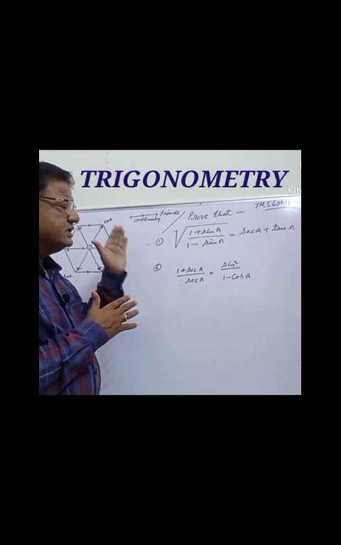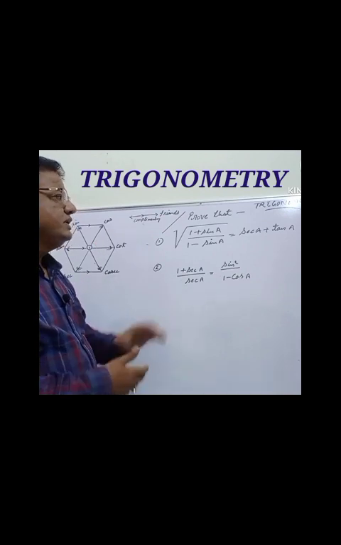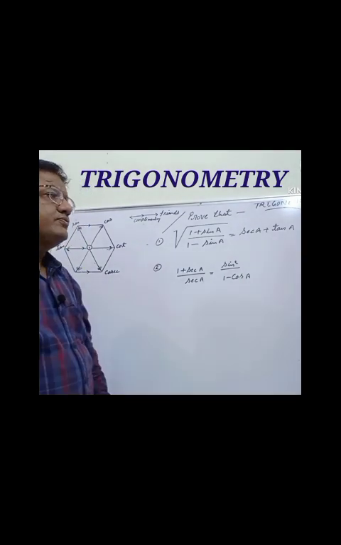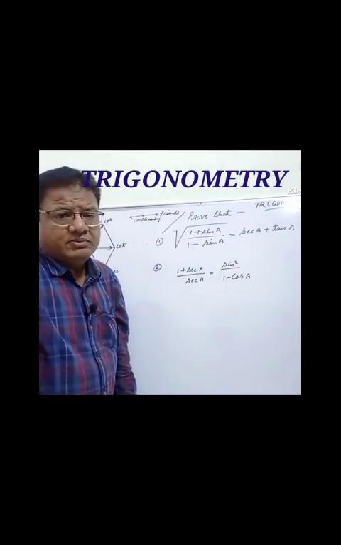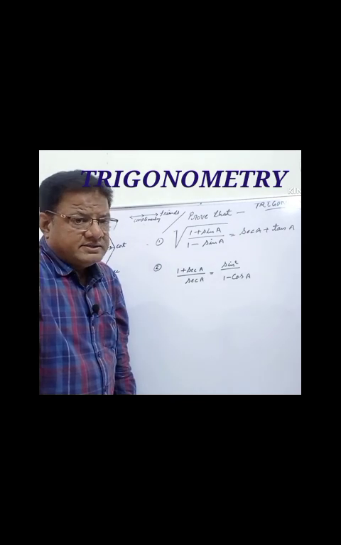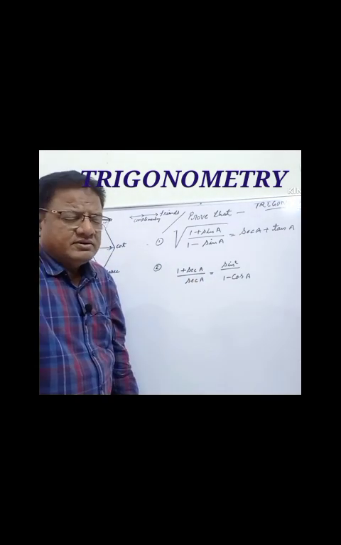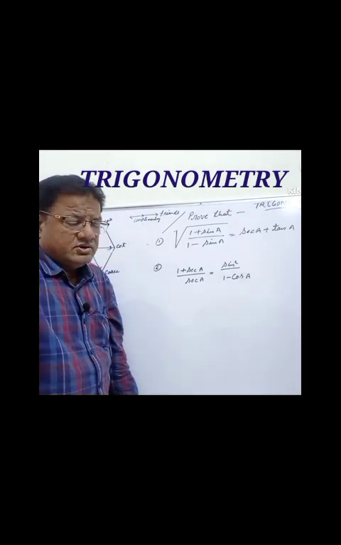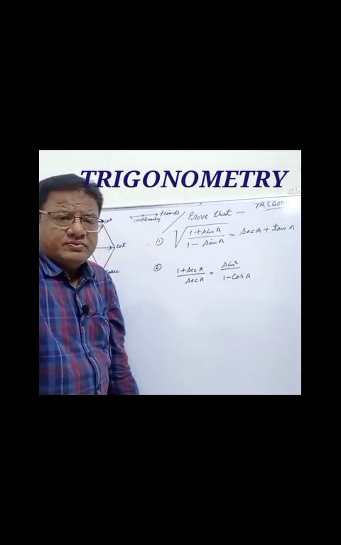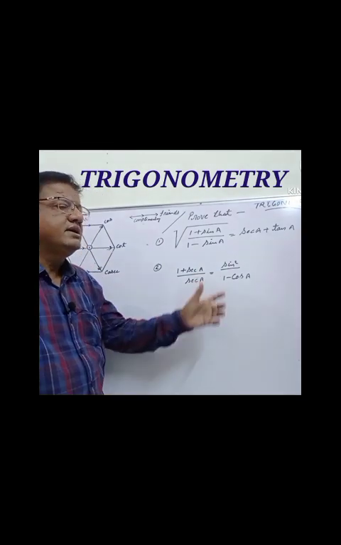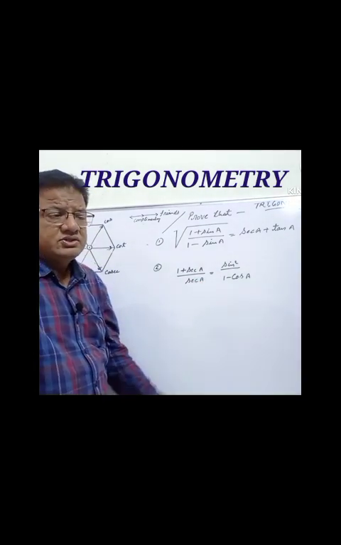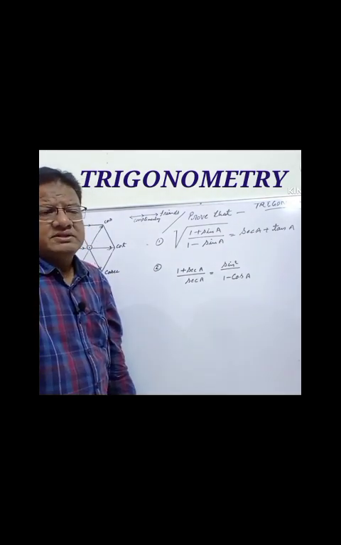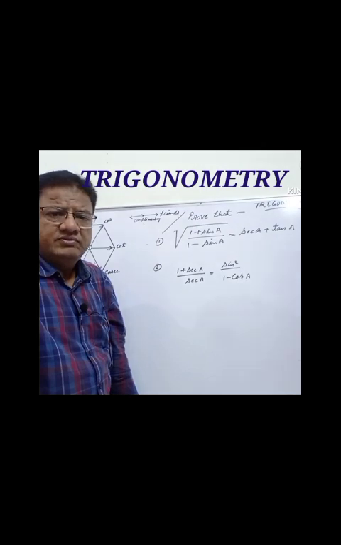So before solving or proving this type of questions, we will have to know and remember the identities under trigonometry. Dear students, we know that an equation is an identity when it is true for all values of the variables involved.